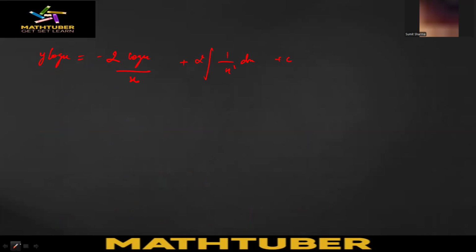Now again, if we integrate it, y log x is equal to minus 2 log x upon x plus 2 into minus 1 upon x. Integration of 1 upon x square is minus 1 upon x, plus c. And multiplying the whole equation by x, we get xy log x is equal to minus 2 log x minus 2 plus cx. This will be the answer.